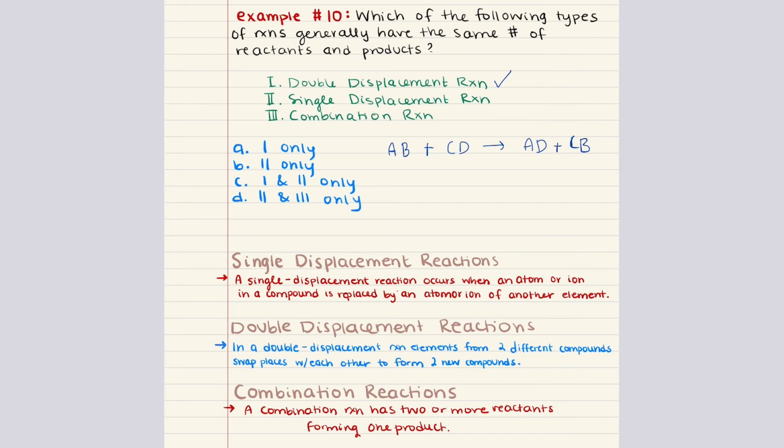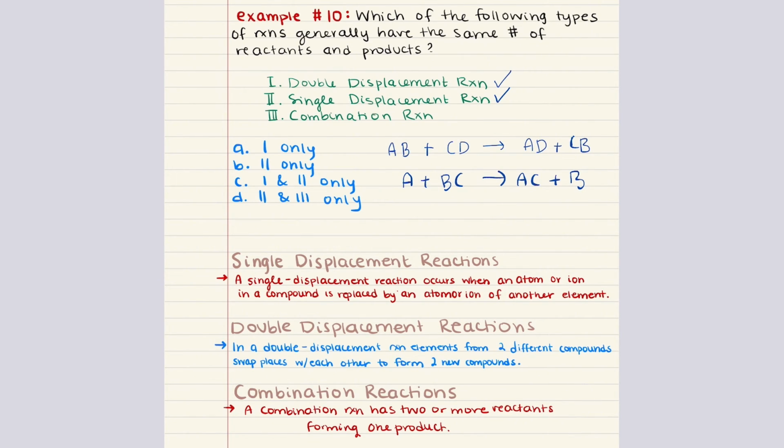It generally has the form reactant A plus reactant BC gives us product AC plus B. This reaction type involves usually 1 element and 1 compound as a reactant, producing 1 new element and 1 new compound. And so the number of reactants is equal to the number of products. This is also a type of reaction that generally has the same number of reactants and products.